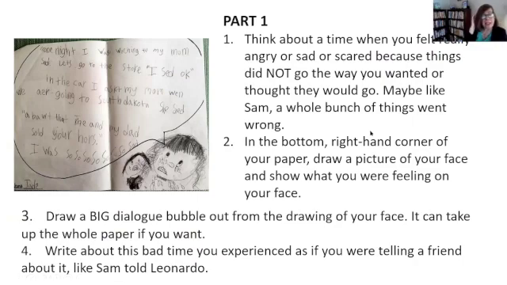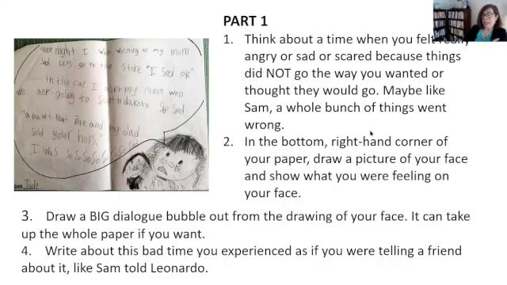So using this as an example, the first part of this writing exercise is to think about a time when you felt really angry or sad or scared or upset or frustrated because things did not go the way you wanted or that you thought they would go. And maybe like Sam, a whole bunch of things just went wrong.